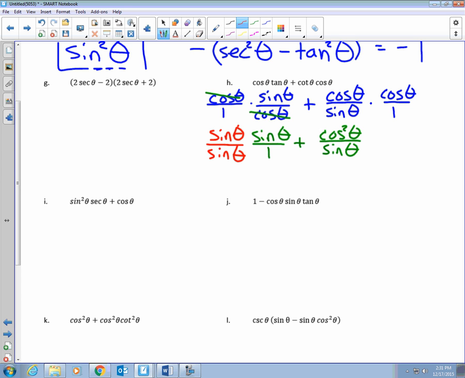Oh, hey, look, what do I get? I like sine squared plus, what's in the numerator of the other fraction? Cosine squared over, what's my denominator? Sine of theta. Not sine squared. Our new denominator is sine.